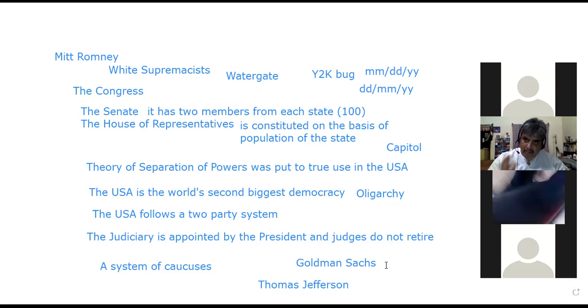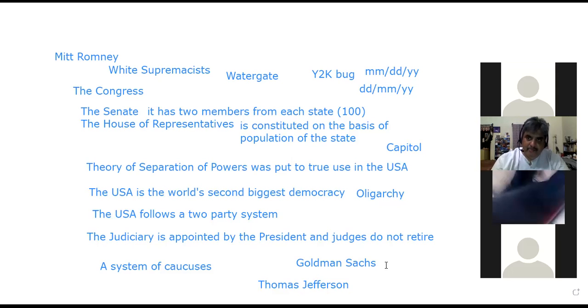So at that particular time, all this made great sense. Protecting the smaller states from larger states by making the Senate the upper house.